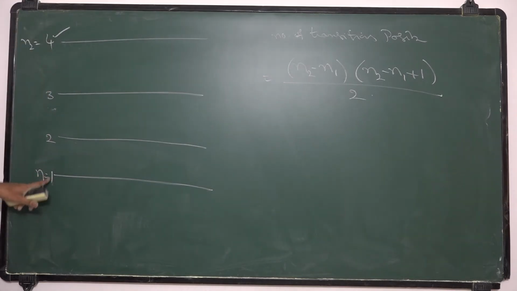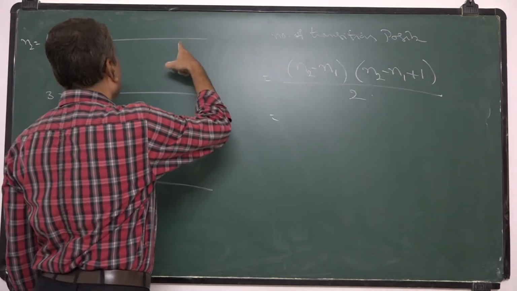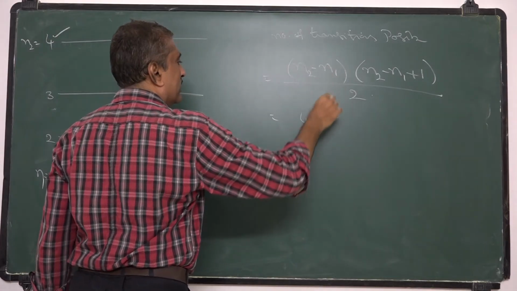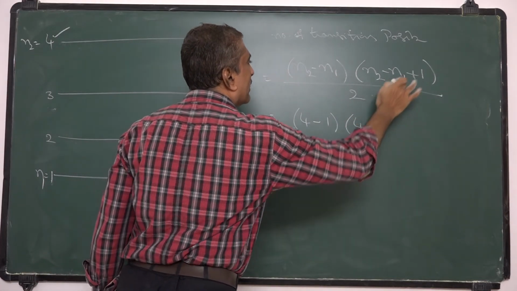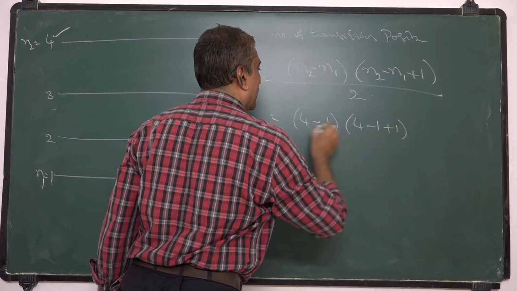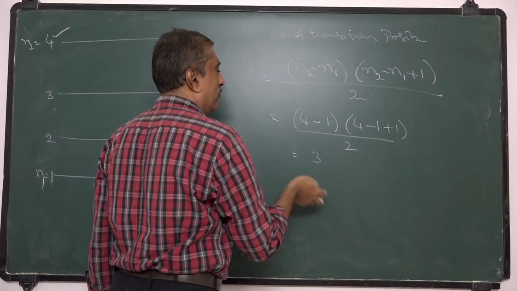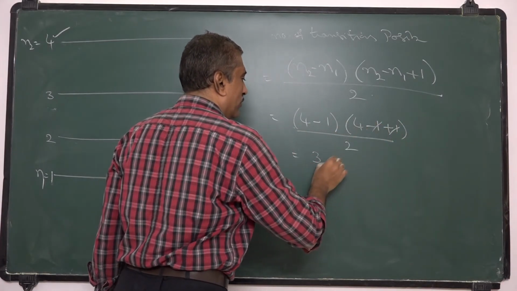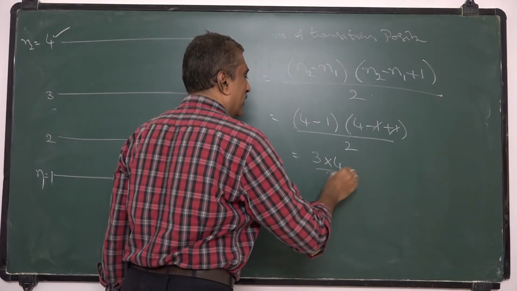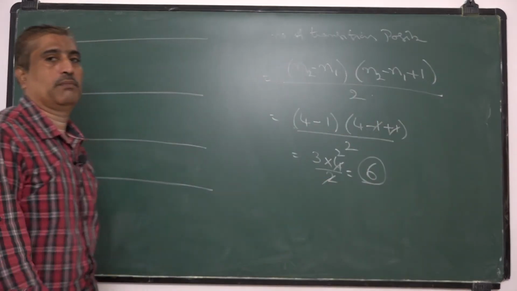Substituting, we get 4 minus 1 into 4 minus 1 plus 1 divided by 2. That is 3 into 4 by 2, which is 6. So 6 transitions are possible.